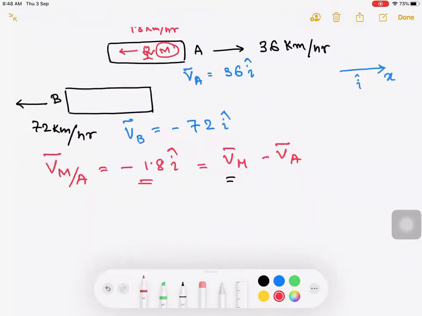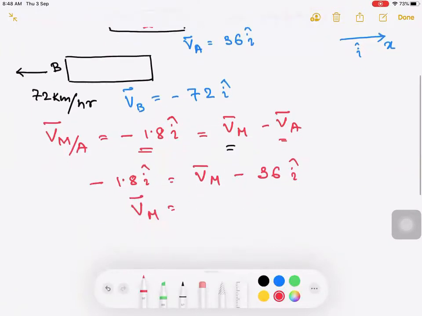So I can write minus 1.8 i cap is equal to velocity of man minus 36 i cap. 36 i cap is the velocity of A. So velocity of man, if you do the simple mathematics, bring the 36 i cap to the other side, and you get 34.2 i cap. So this is the absolute velocity of the man.